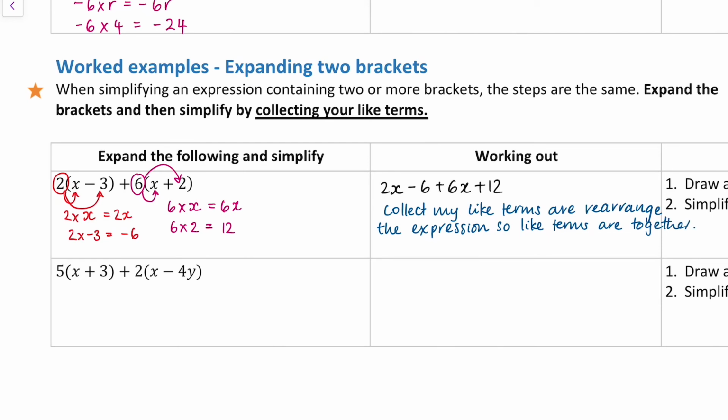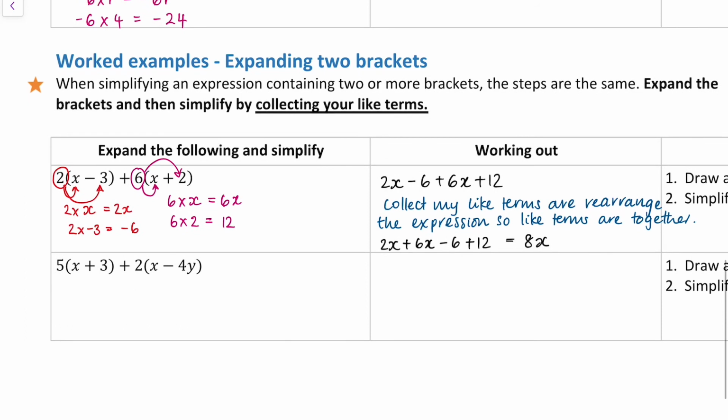So I'm going to write 2x plus 6x minus 6 plus 12. So simplifying that, I get 2x plus 6x is 8x, and then minus 6 plus 12 is positive 6. And our final answer is 8x plus 6. Obviously, we cannot simplify this any further because we have no more like terms.